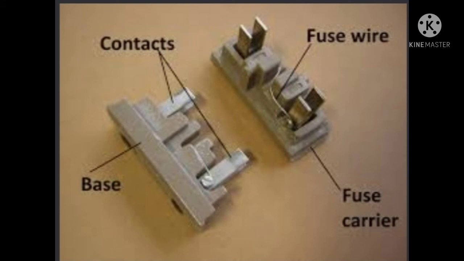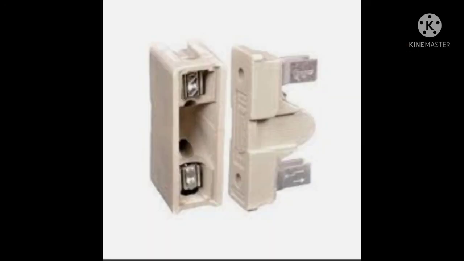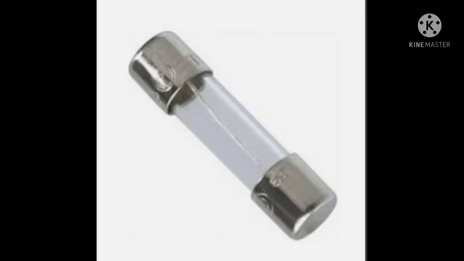Miniature circuit breaker. Nowadays we are using this in our houses. A miniature circuit breaker is an automatically operated electric switch that protects an electric circuit during an overload or short circuit. They can be reset to restore normal operation, whereas in circuits with fuses, the fuse needs to be replaced after a single use.